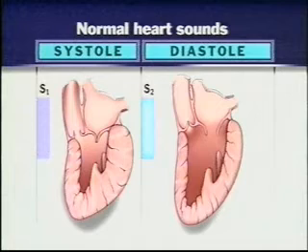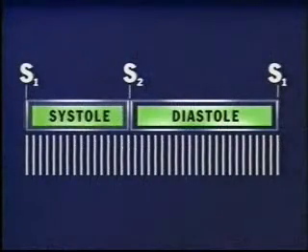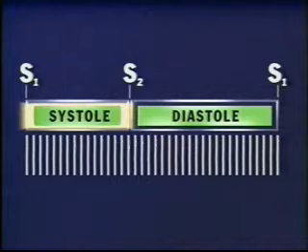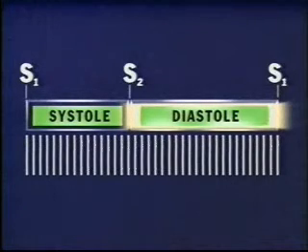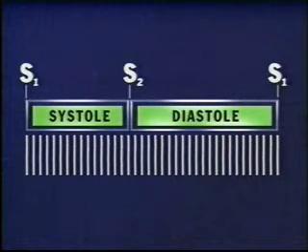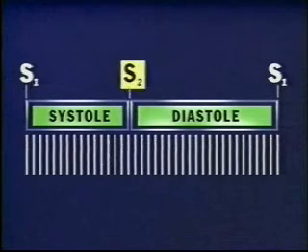Pulmonic and tricuspid valve closure may contribute to these sounds. Ventricular systole occurs between S1 and S2. Ventricular diastole occurs between S2 and the next S1. Because diastole usually lasts longer than systole, you can identify the two sounds. 1, 2, 1, 2, 1, 2.